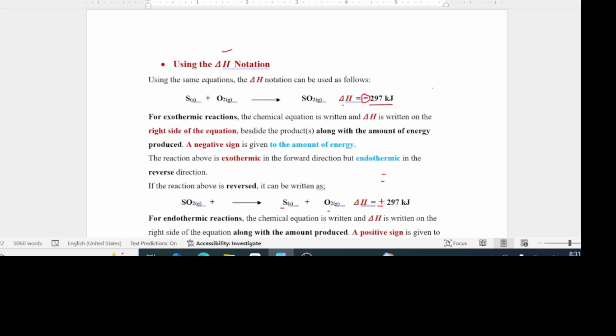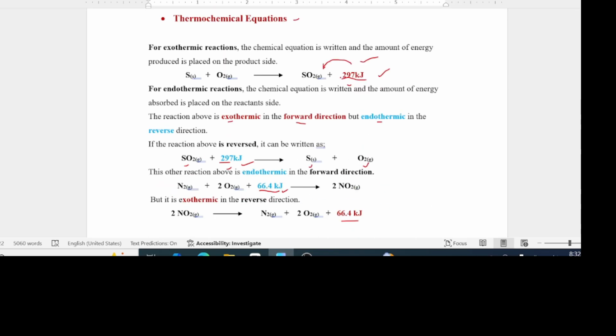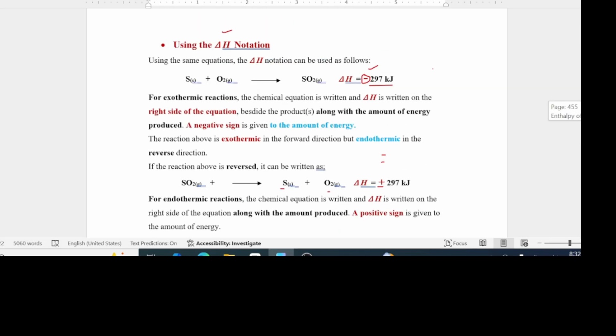All that is happening is that we're putting this at the side of that equation here. So whenever we see a negative sign there, note that it is an exothermic change. Go back to this equation again, as we did previously, using the energy as a product. Here you're not seeing any sign, you just put in a plus sign there and that's the amount of energy produced. Using the delta H notation now, that became negative.